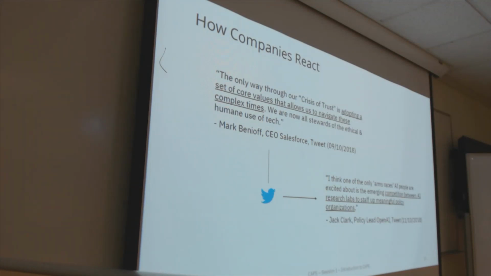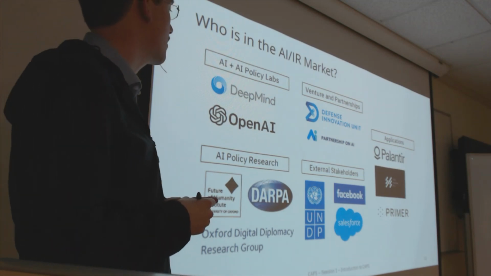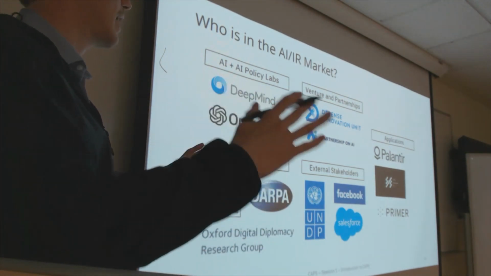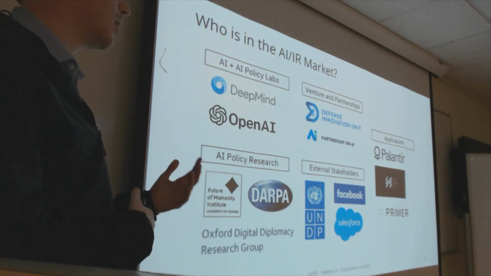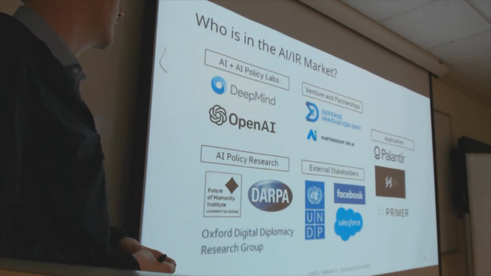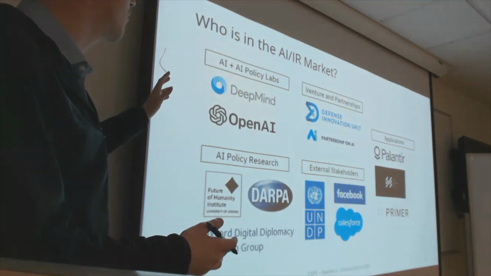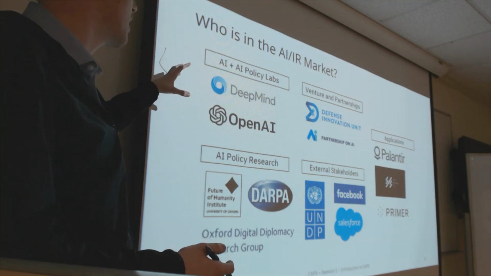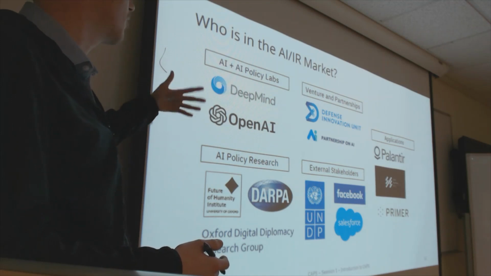And to get perhaps a more detailed understanding of this landscape, this is a very broad breakdown of some of the companies that are active in this space, that do work related to artificial intelligence, but in the context of international relations. If you break this down really broadly into some categories, then you have the leading AI research institutions, which are DeepMind and OpenAI. So basically everything that you know about AI or have heard about originated here.